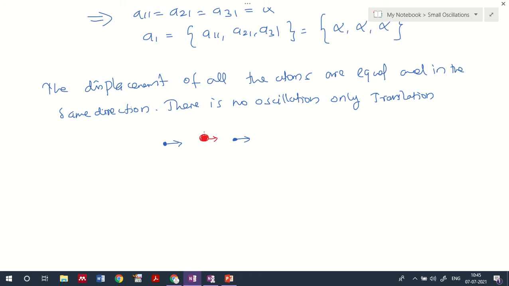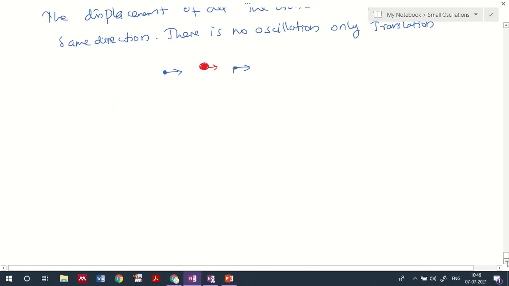There is no oscillation, only translational movements are there. Okay, so that's why omega 1 equal to 0. So there is no associated frequency. So from that itself we can say that there is no oscillation. So that is the first inference we get for the normal frequency omega 1 equal to 0.